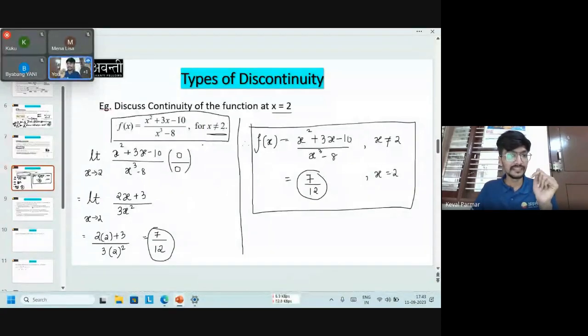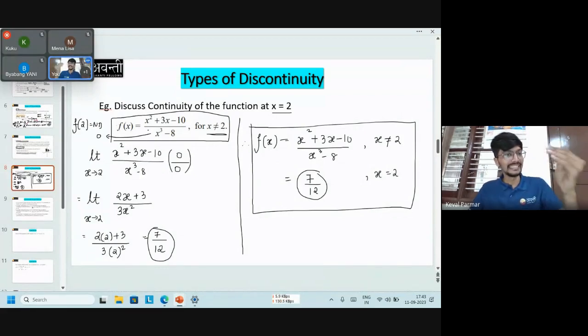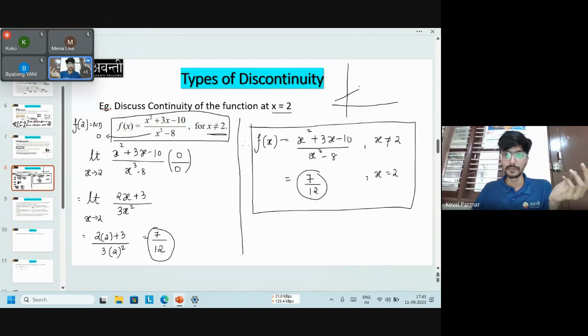And as we can see here, the functional value at 2 will be not defined because the denominator will have 0, and anything upon 0 is not defined. Right? That means my graph can be of the form like this. We have taken this example, a hollow circle and this.